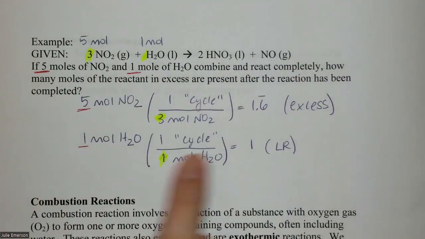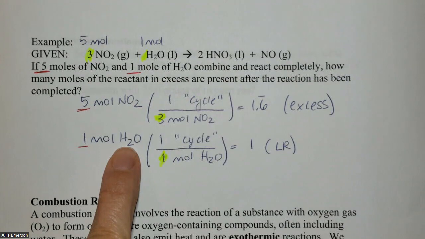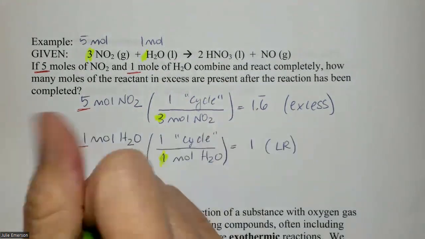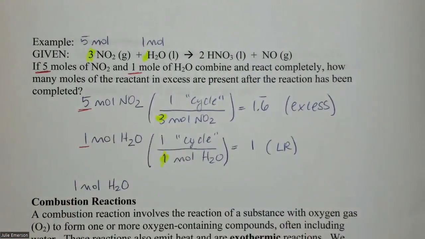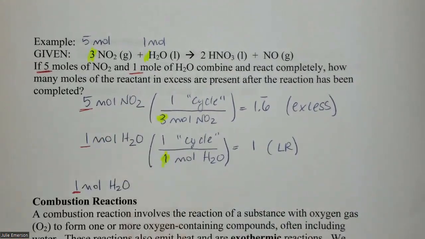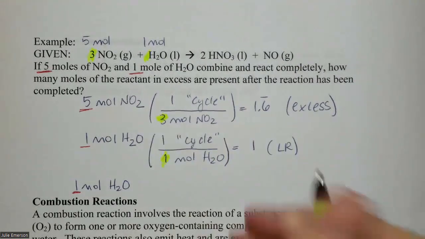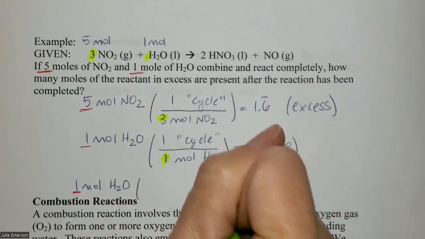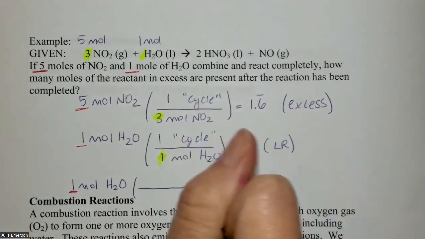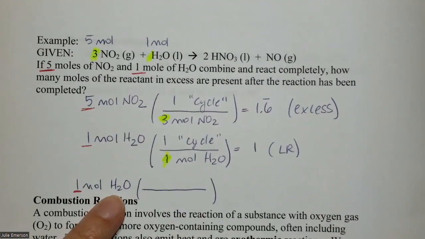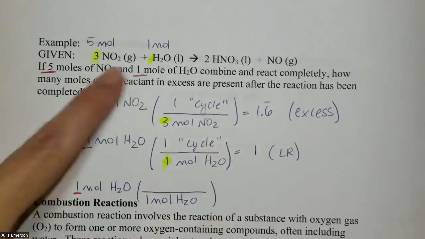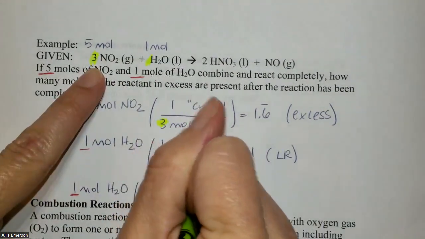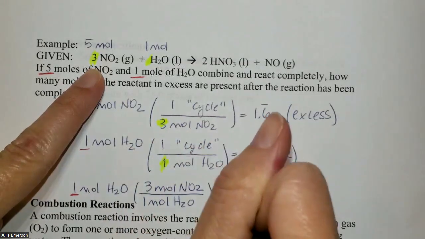So now that we know water is the limiting reactant, we're going to start with our quantity of water, right? In this question, we were told that we had 1 mole of water reacting with 5 moles of NO2, but we know some of those moles of NO2 are not going to be used. So we have our 1 mole of water that we were given. I'm going to look at the mole to mole ratio. For every 1 mole of water, we need 3 moles of NO2.